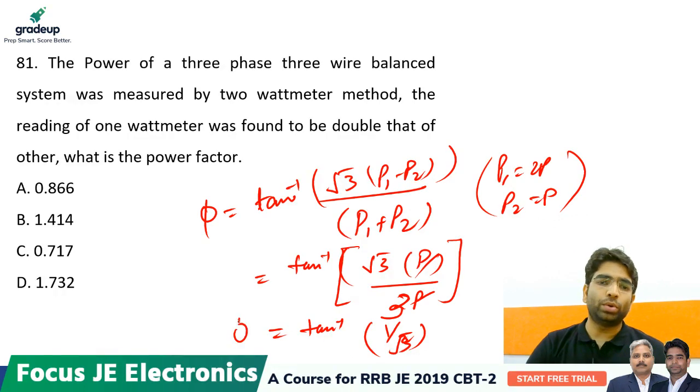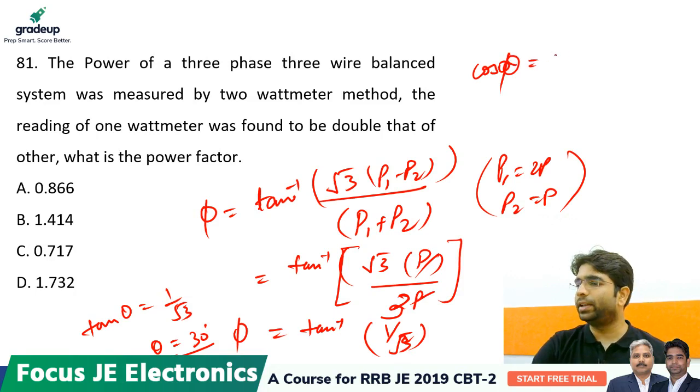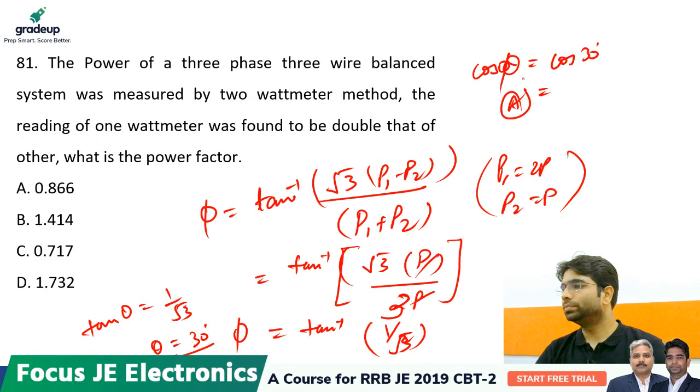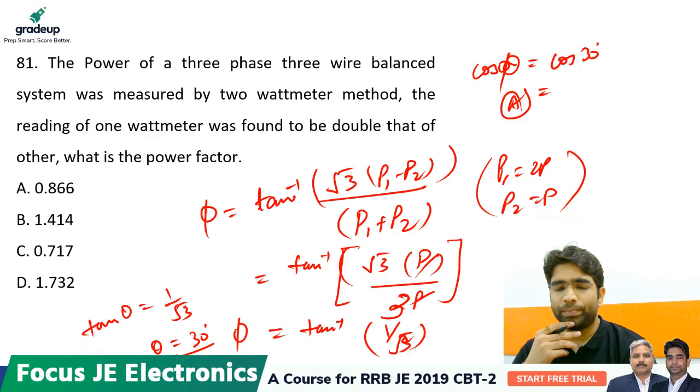So tan theta equals 1 by root 3, theta equals 30 degrees. So what will be the power factor, meaning the value of cos theta? It will be cos of 30 degrees, which is option A. Yes, Vibhav, I corrected it. It is 1 by root 3 now.